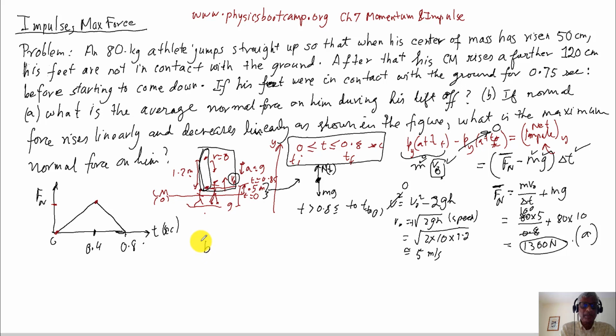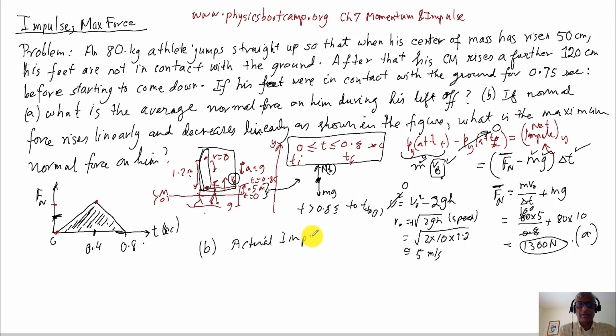To get B, you can see that the average is somewhere here, right? So the area under this is what the actual impulse is.